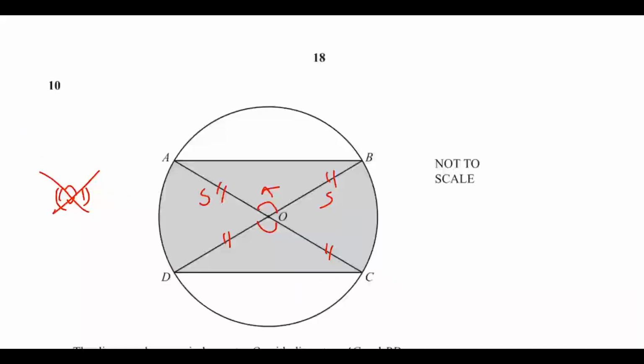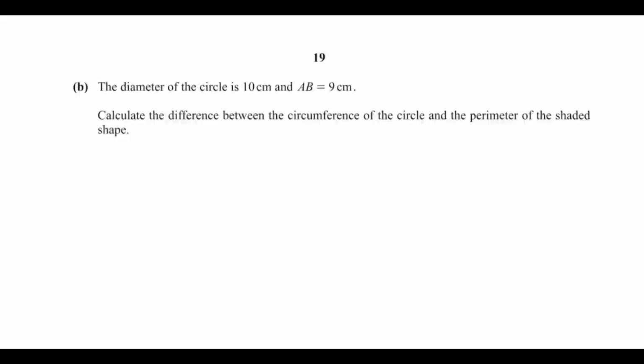So circumference is equal to 2 pi r. We are told that the diameter is 10 centimeters, so the radius is 5 centimeters.